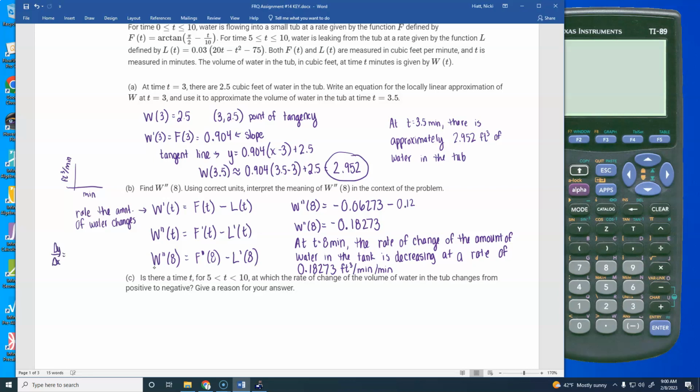So it's our rate for our y-axis divided by our rate for our x-axis, which would be cubic feet per minute times 1 over minutes, giving you cubic feet per minute, or cubic feet per minute squared.